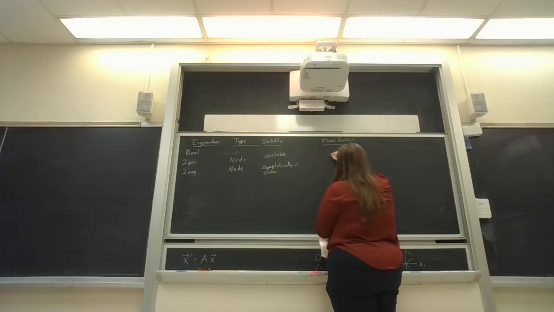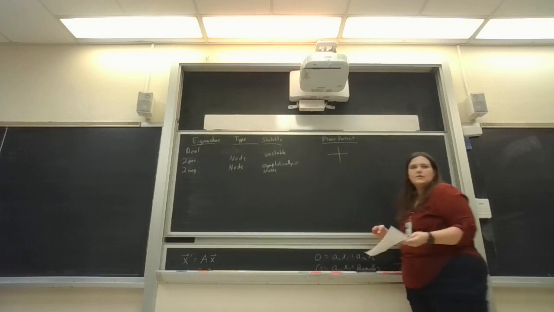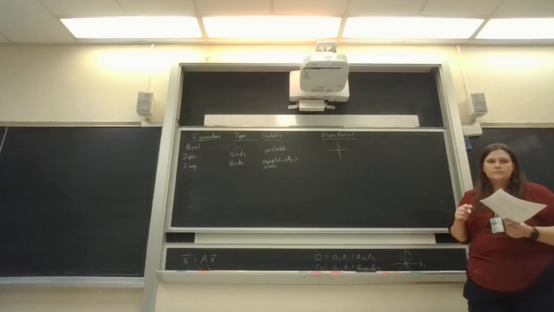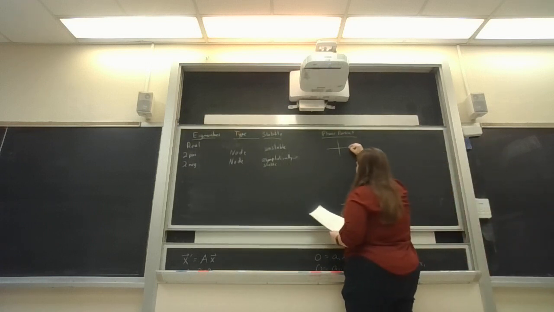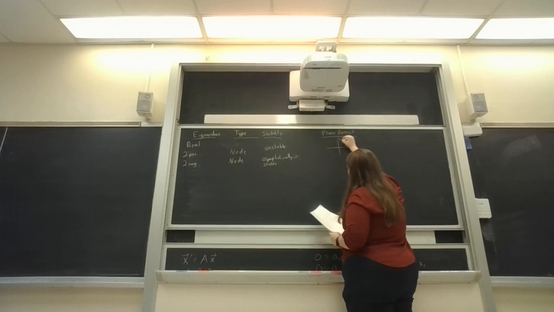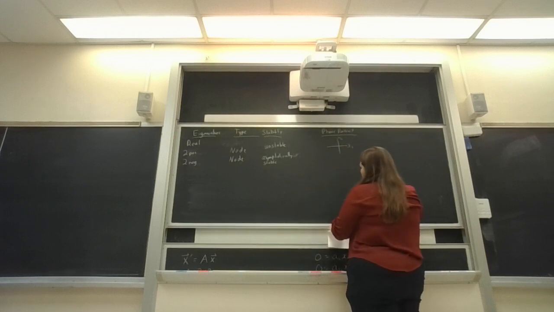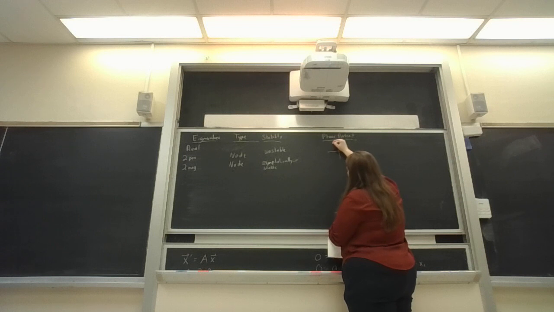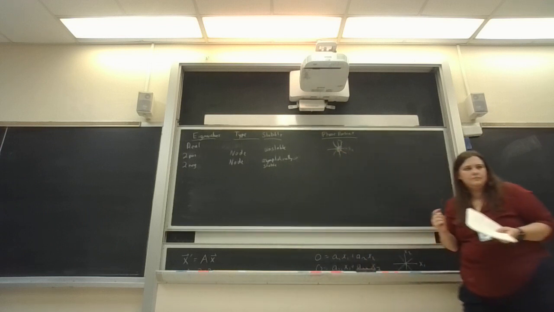So when I do a phase portrait, what are my axes? X1 and X2. Perfect. So if it is asymptotically stable, then all my trajectories are going to be moving towards 0, 0, right?